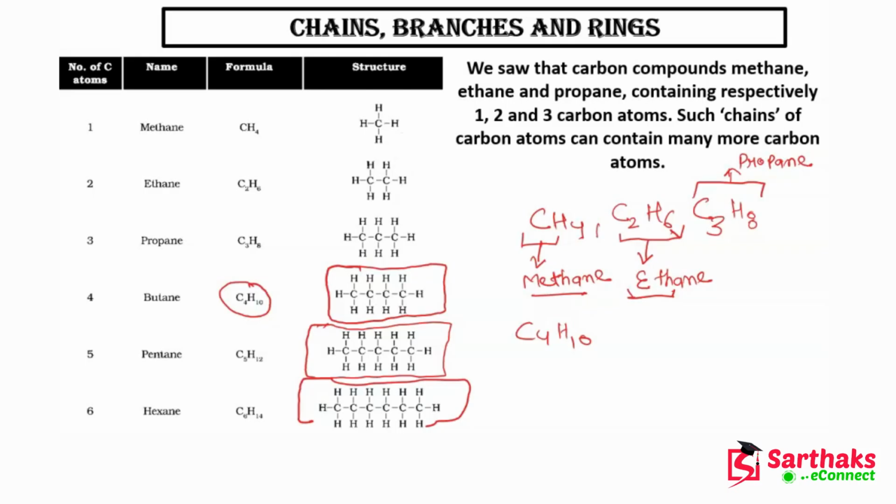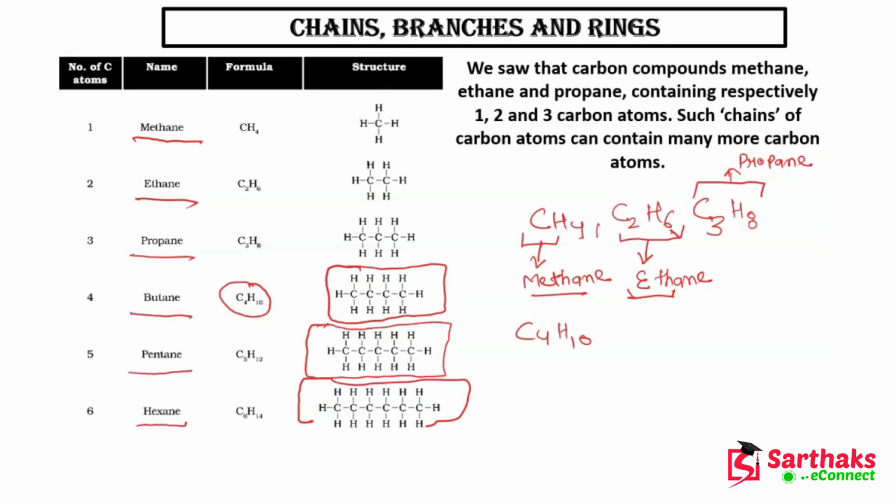I hope this point is clear to you. So first one is methane, second is ethane, third is propane, fourth is butane, fifth is pentane, and sixth is hexane.